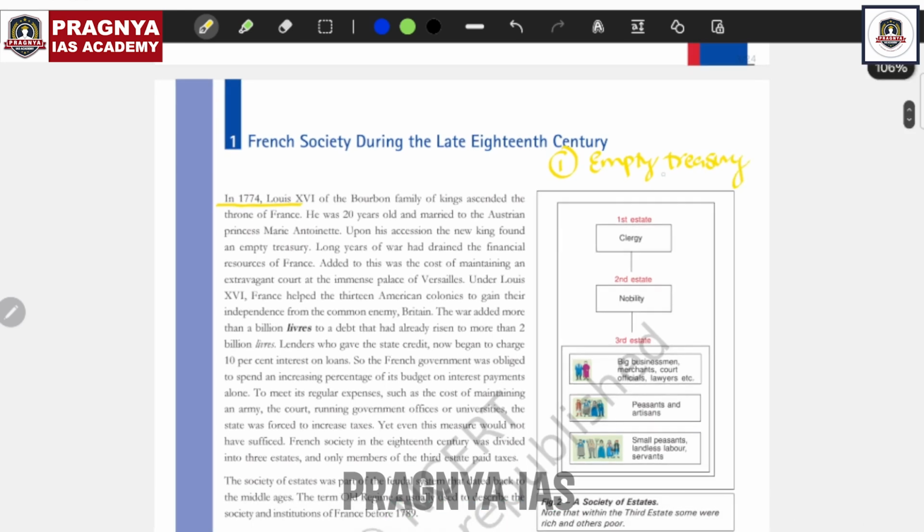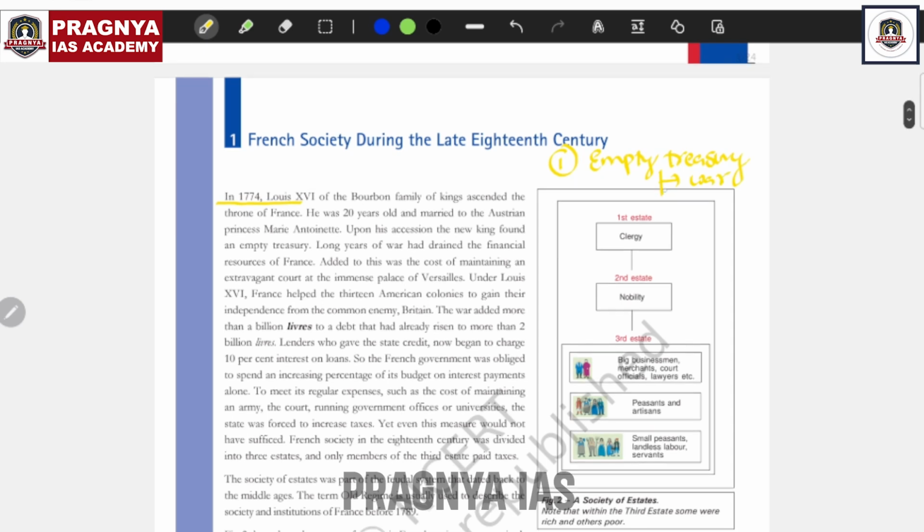The reason was investment in war and helping the American colonies to gain independence. This led to the draining of resources of France.